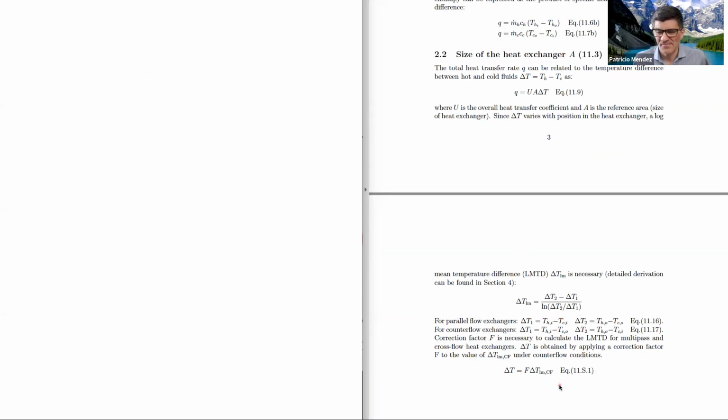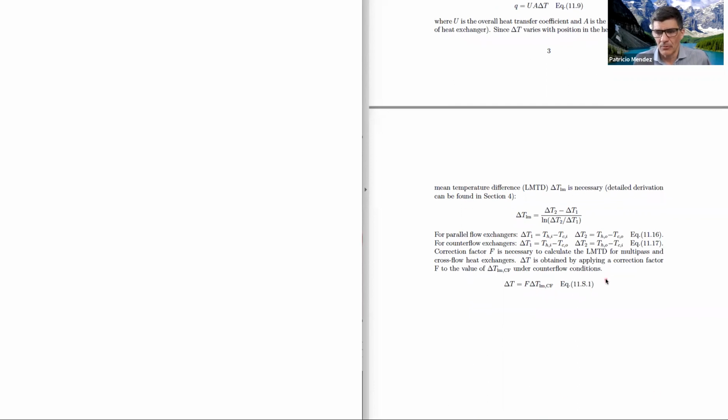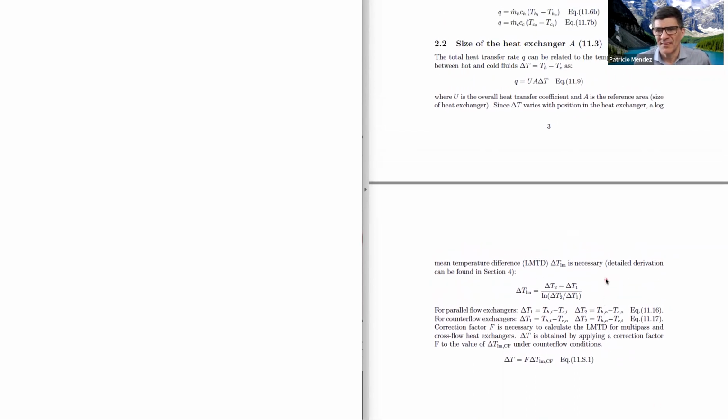So now this is the second equation, which we discussed on Wednesday. And we can now calculate the heat rate, or we got given that we know the duty from our first calculation, and from an understanding of the geometry of the heat exchanger, we can calculate an overall heat transfer coefficient.